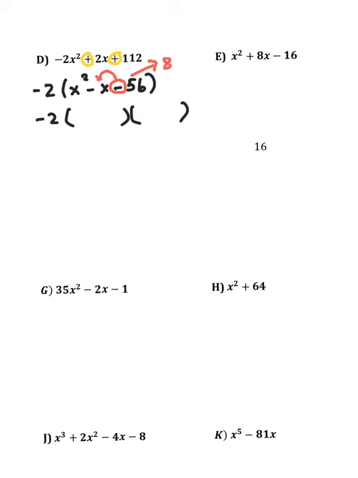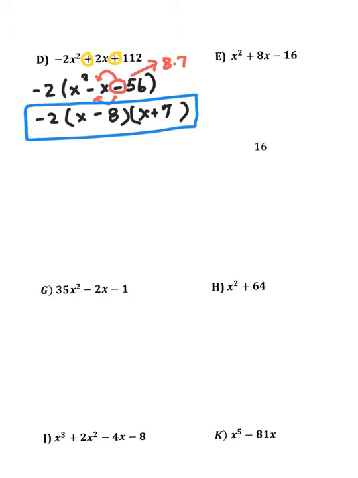If I use 8 and 7, I'll go to my parentheses, x times x, 8 and 7. I need to end up at a -1. I know my signs are different. It should be -8 plus 7 to give me -1. And that is your final answer.